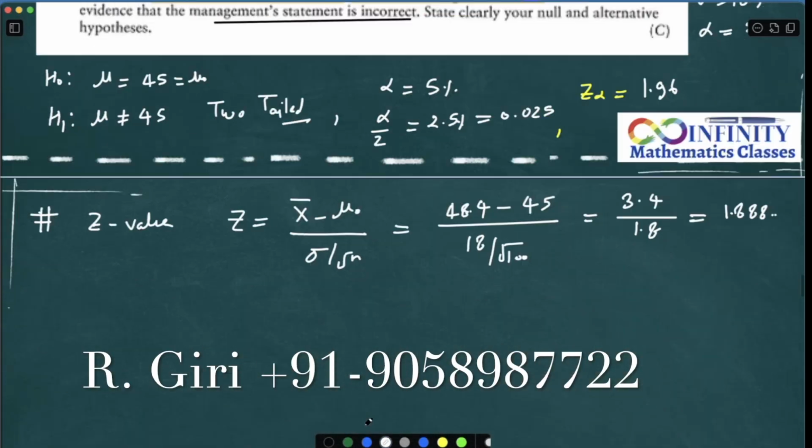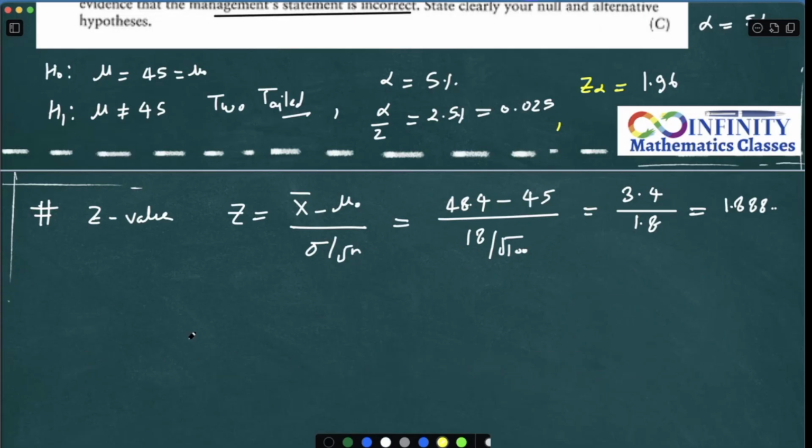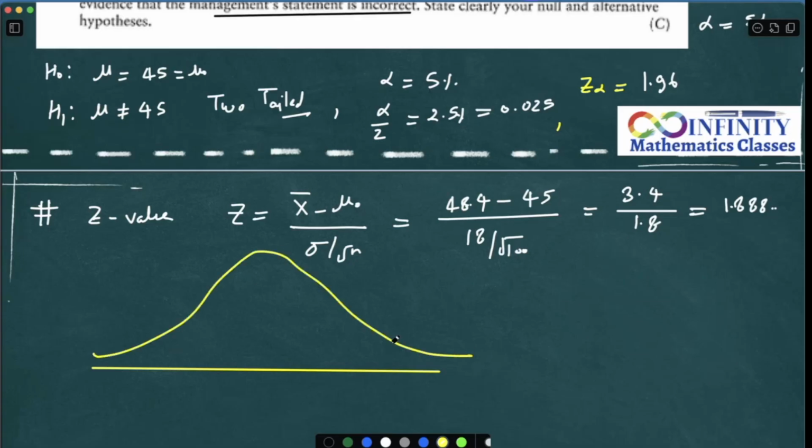Always remember, whenever you are discussing two tails, this is going to be the area of rejection, 2.5% on each side. The value of Z alpha, as you told me from the table, is 1.96.